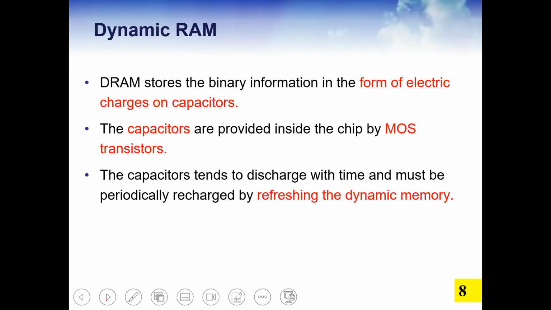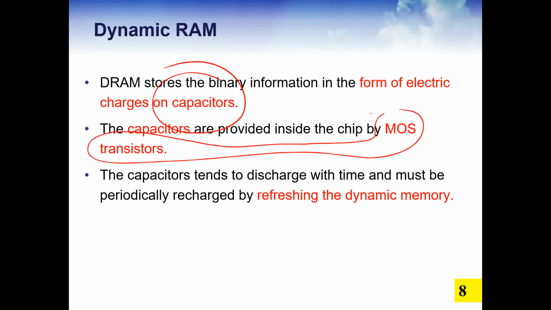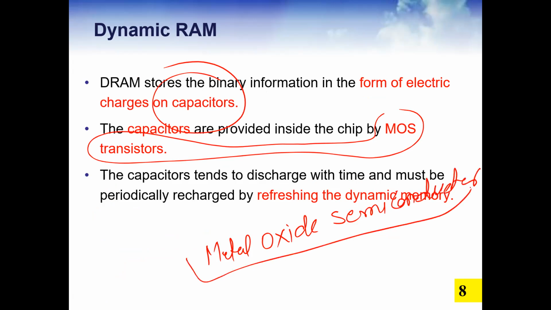Then we have dynamic RAM. DRAM stores the binary information in the form of electrical charges on a capacitor. So here the technique of storing the information is in the form of capacitors. How can we form the capacitor in the memory? We use MOS transistors. MOS means metal oxide semiconductor transistors.